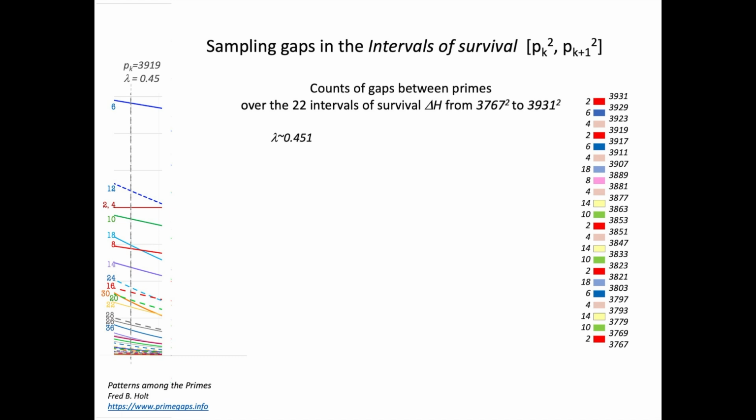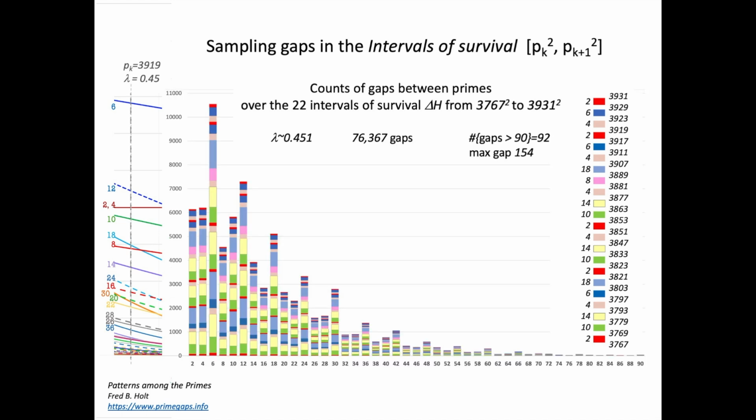We also note the pk plus 1 minus pk value, those gaps, and we color code those gaps. So all the 2s will be bright red, all the 14s will be yellow, the 10s will be green. And there are the samples. Here are 22 intervals of survival by working in this range of gaps.